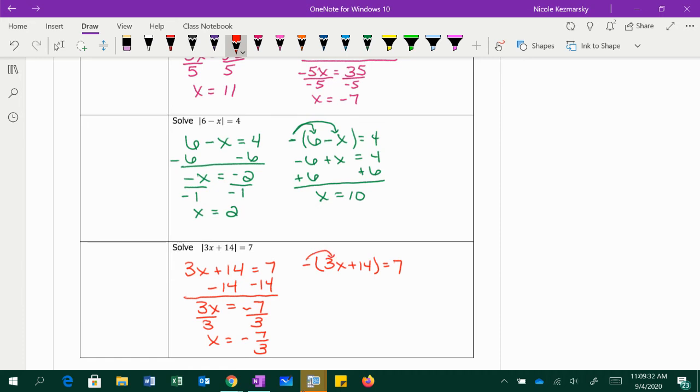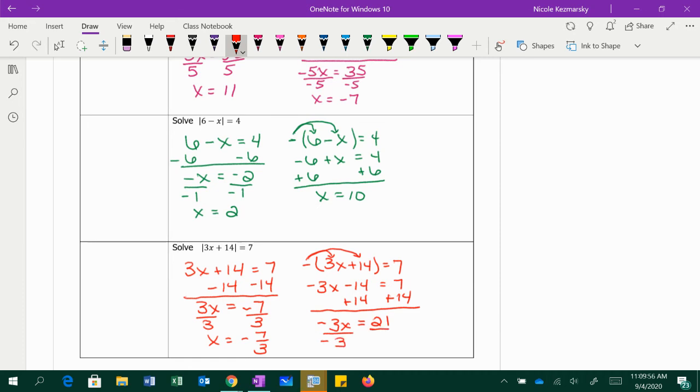Then I'm going to distribute and get negative 3x minus 14 equals 7. I'm going to add 14 and get negative 3x equals 21. Divide by negative 3.